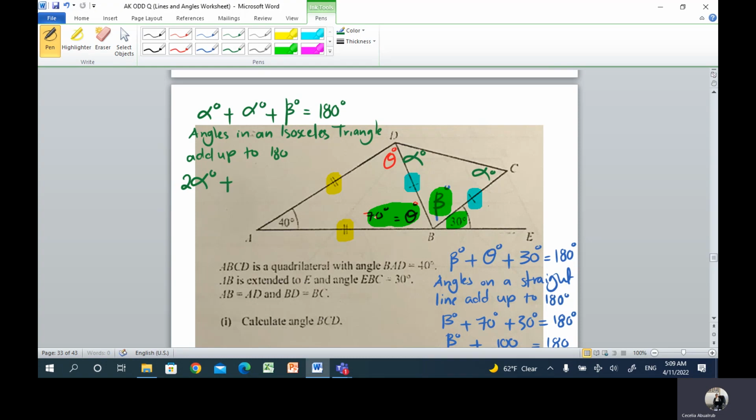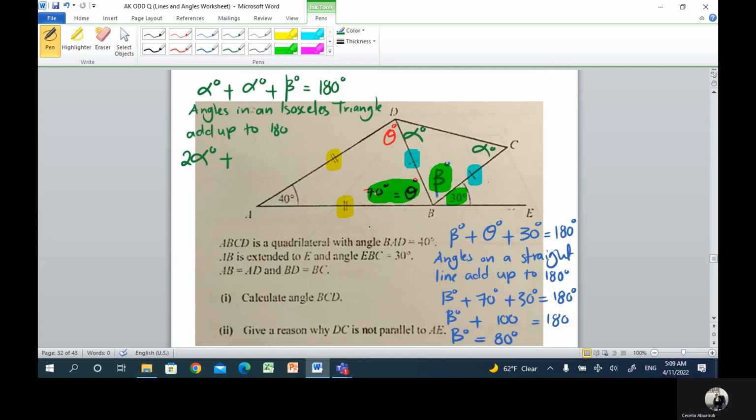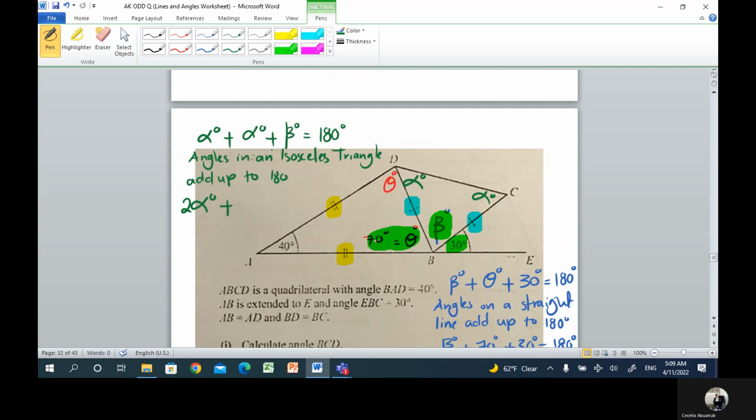We found beta as 80, so plus 80 is equal to 180.